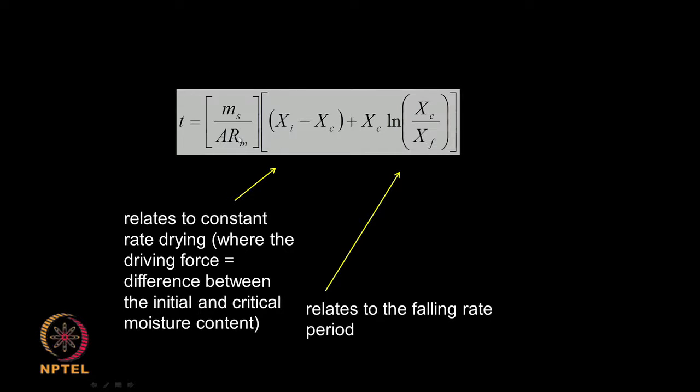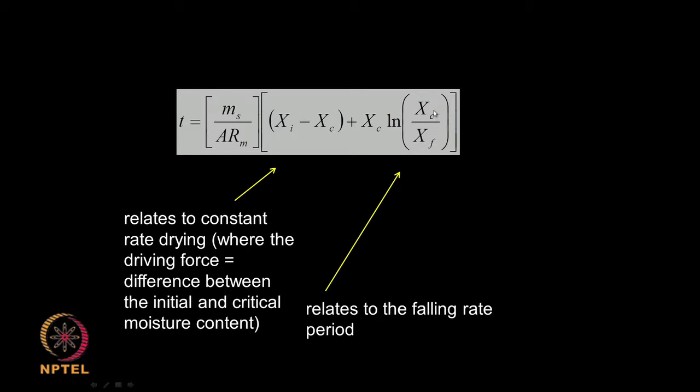So, generally there is an equation like this. Okay. So, you have the rate of moisture removal as a function of A, and R is the constant rate drying. Okay. And then you have two terms here, one relates to the constant rate and one relates to the falling rate.